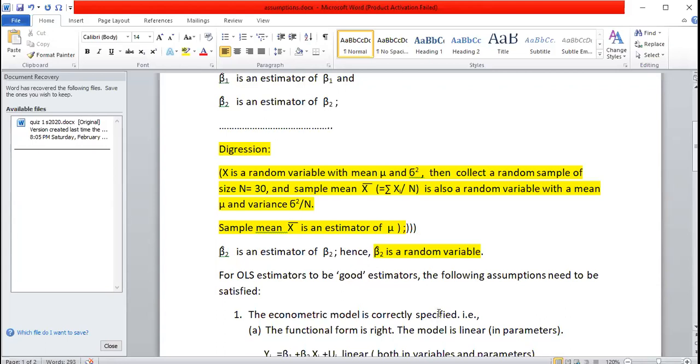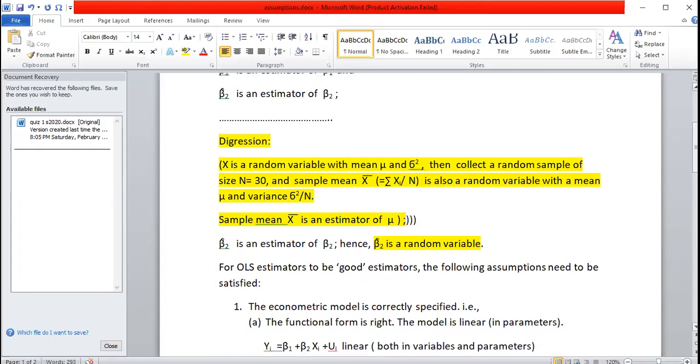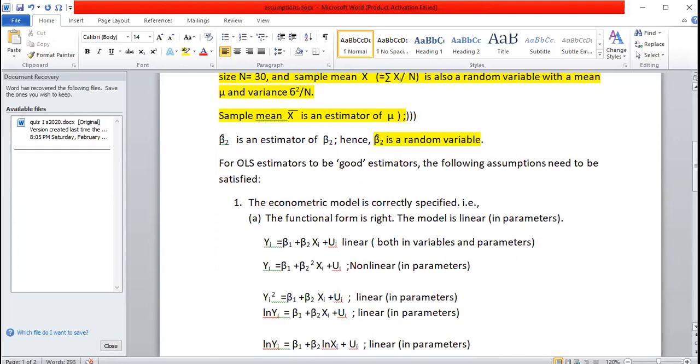But for beta 2 hat to be a good estimator of beta 2, the model should follow some assumptions. Here is the model, okay? Y equals beta 1 plus beta 2 xi plus ui is the model. There will be some assumptions on that.